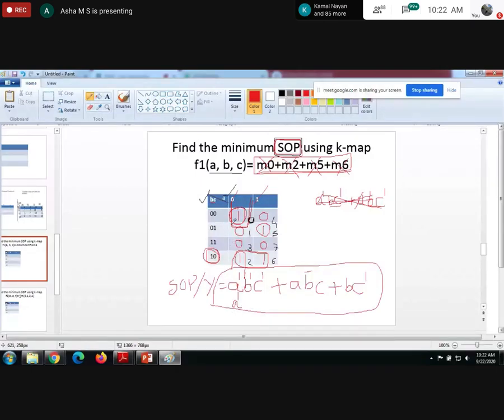A bar, and B will get cancelled, C bar you will get. So the correct answer is A bar C bar plus A B bar C plus B C bar. This is the final answer for the minimized SOP.